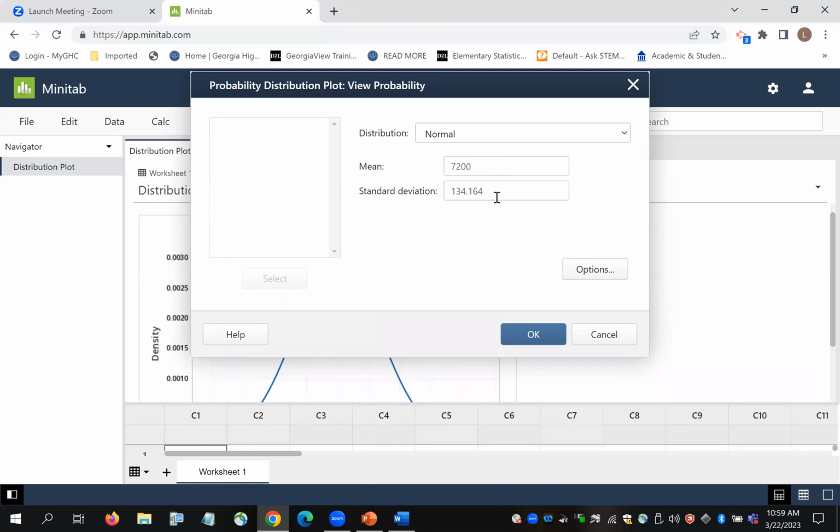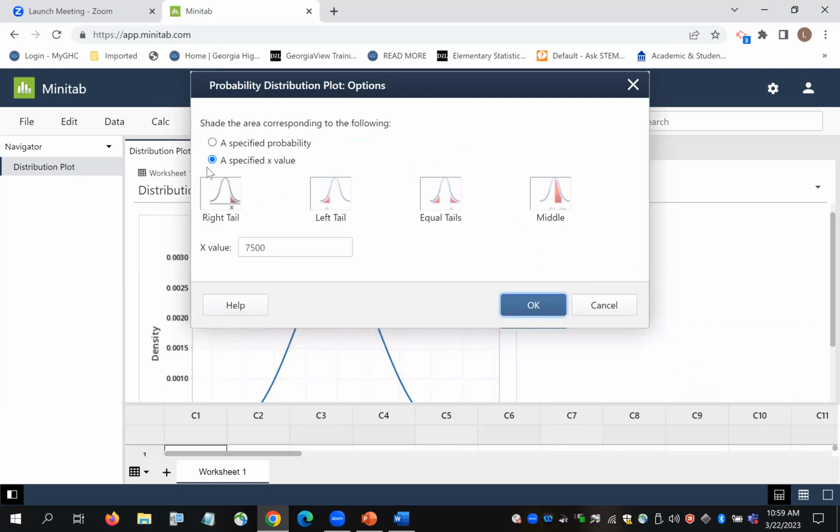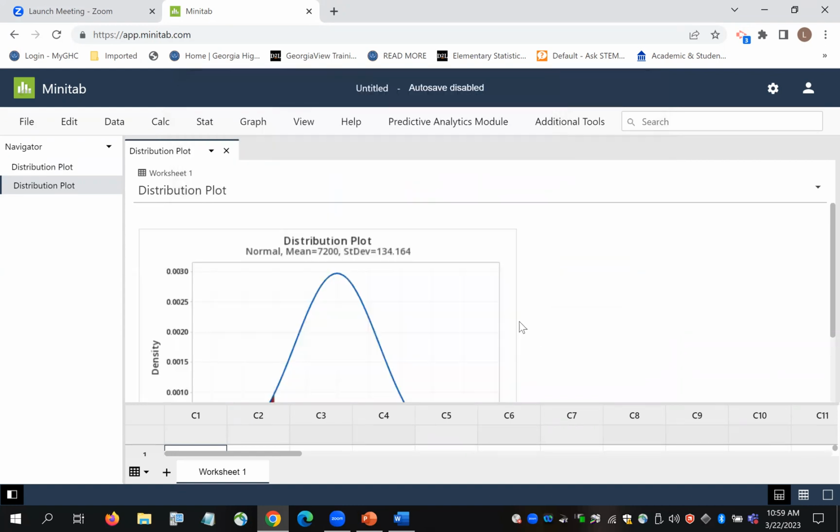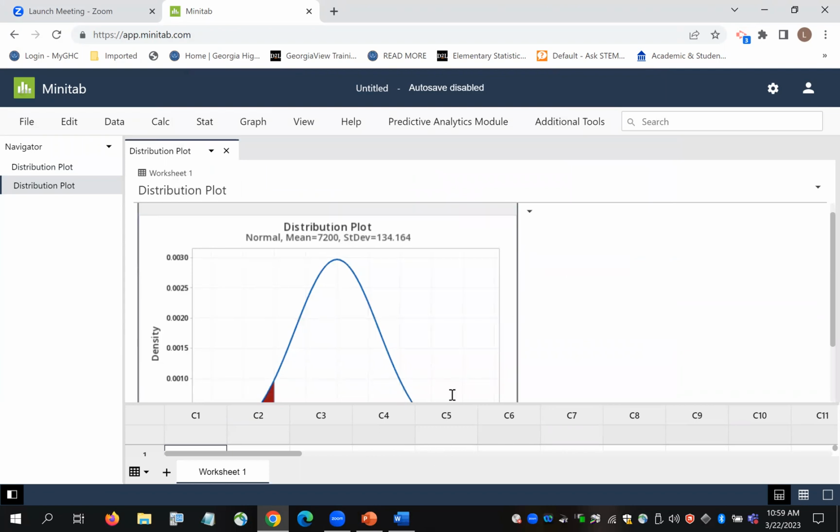The standard deviation is 134.164. Go to options, specified value. This time we're in a left tail. We want to be less than, and we want to be less than 7,000. I click OK. Click OK. My graph does appear. I'm going to copy it over to my paper.